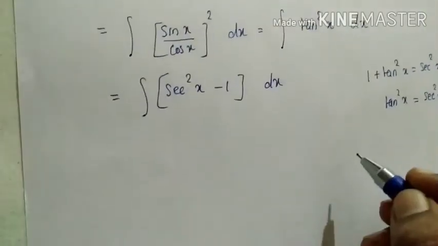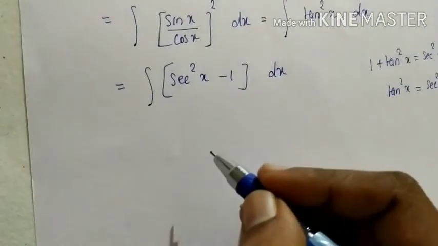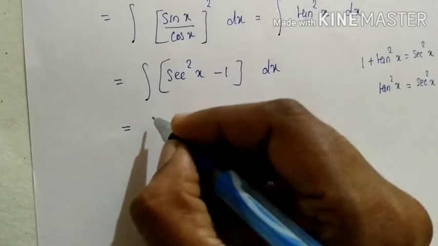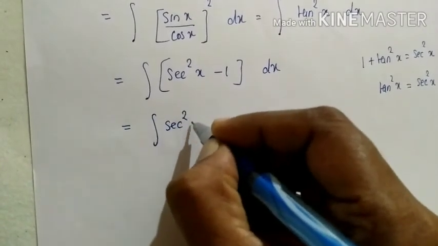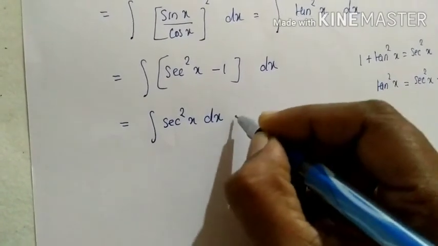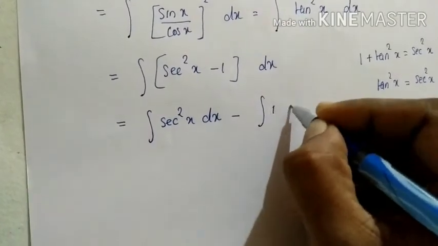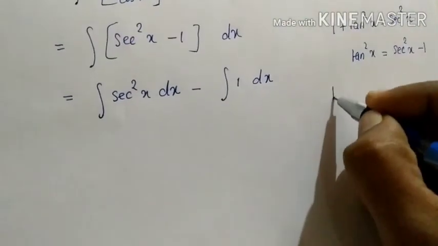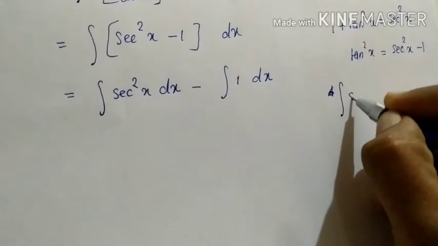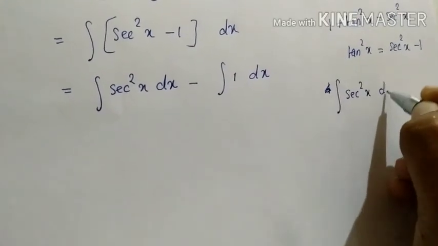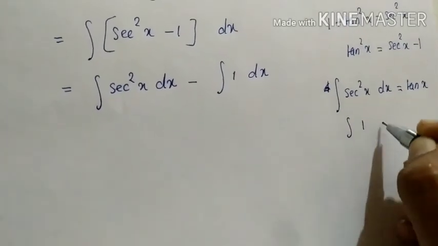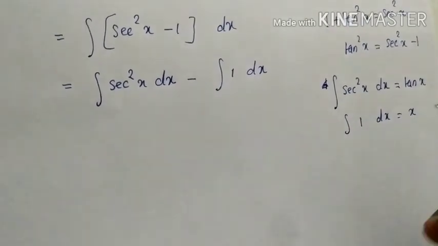And again by using the additive property of integration, this can also be written as integral sec square x dx minus integral 1 dx. Okay, and we know that the standard integral of sec square x dx is tan x, and integral 1 dx is x itself.